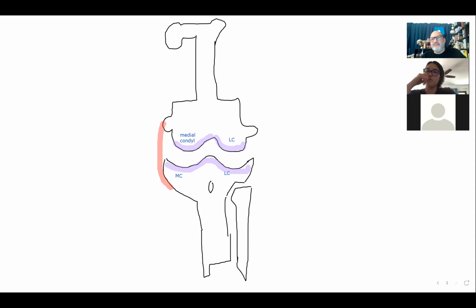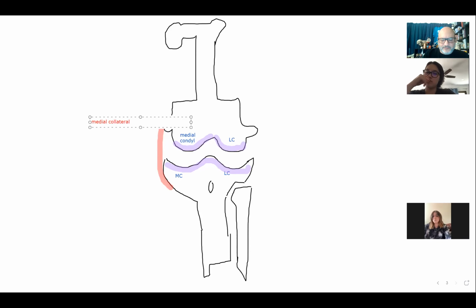Seeing as this is on the medial side, and it is a ligament, and it is to the side, not surprisingly, it is called the medial collateral, because collateral means to the side, ligament.